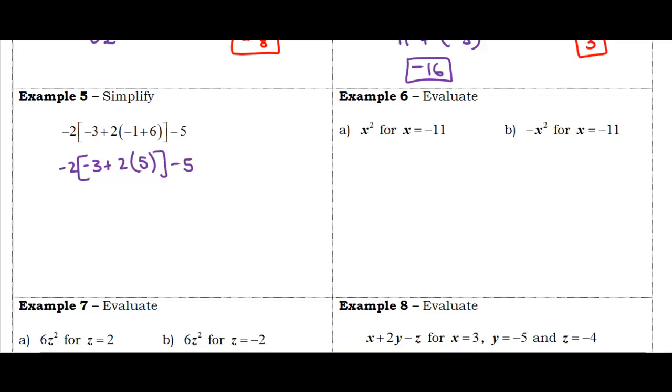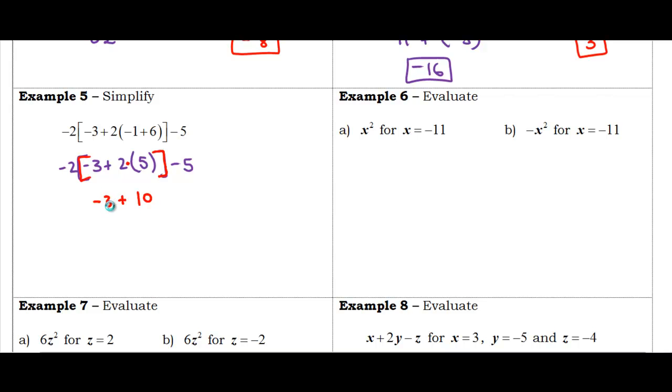What do I do next? I work what's inside the brackets, right? And inside the brackets I have a choice. Addition or? What's the right choice? Multiplication. 2 times 5 is 10. Again, not going to rush it.